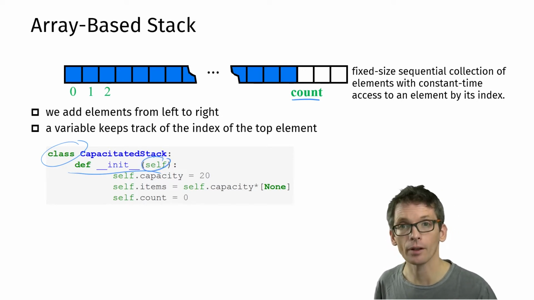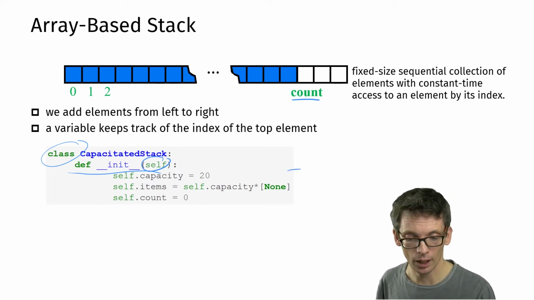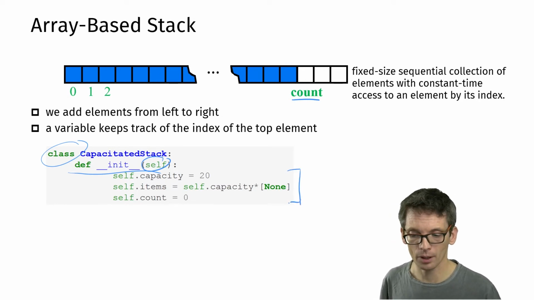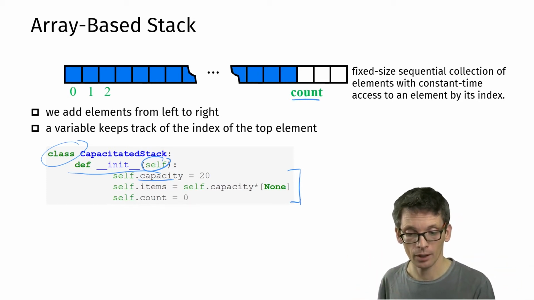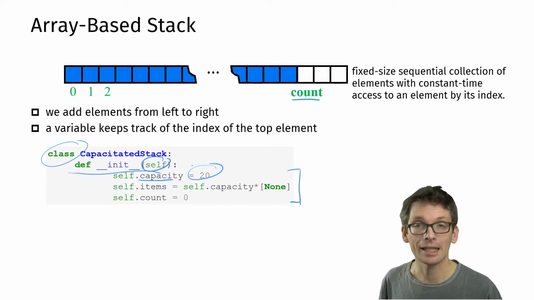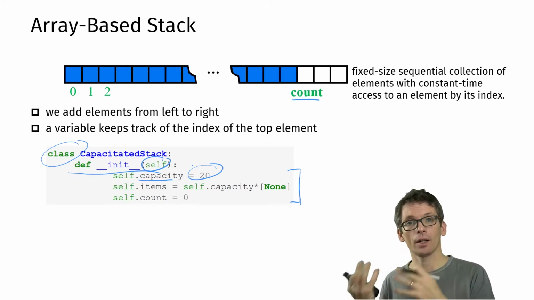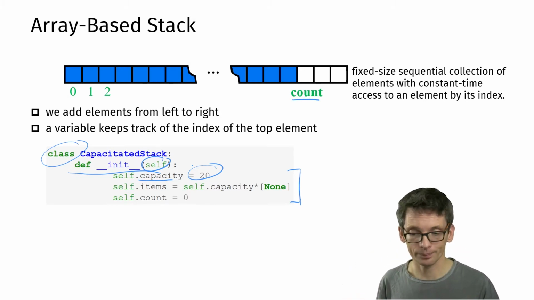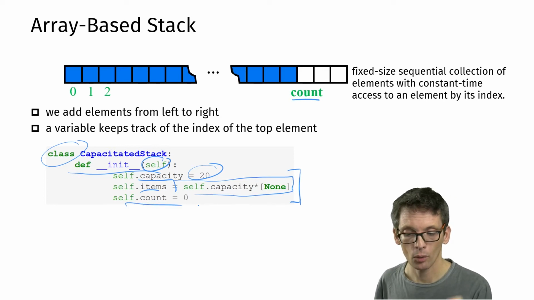Self always refers to the stack itself. A stack will have three parameters: a capacity, because I have to decide on some size, and let's say here my stack simply has size 20. It will have an array of numbers, which I call items, and then the count, which is initially empty.